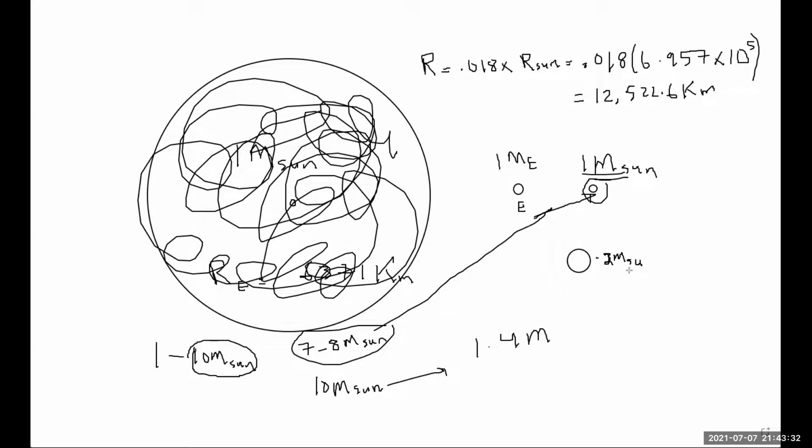If it ends up with 20% of the mass of the sun, it'll be about 2 times bigger than our Earth. And of course, its density will not be as high as a 1 solar mass white dwarf. You see?